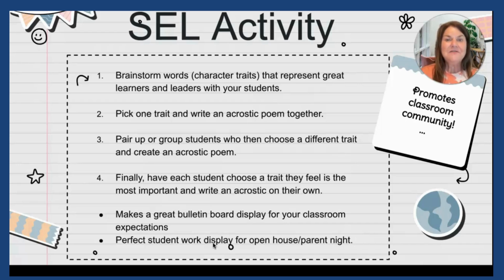Once we have a list of 20 or 25 words, then I'll ask students to vote on the one they think is the most important. We'll take that trait and we will write an acrostic poem.